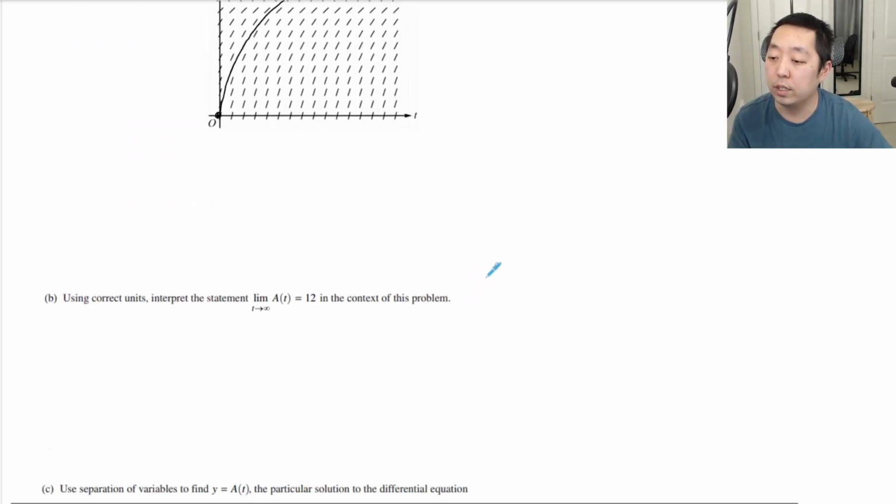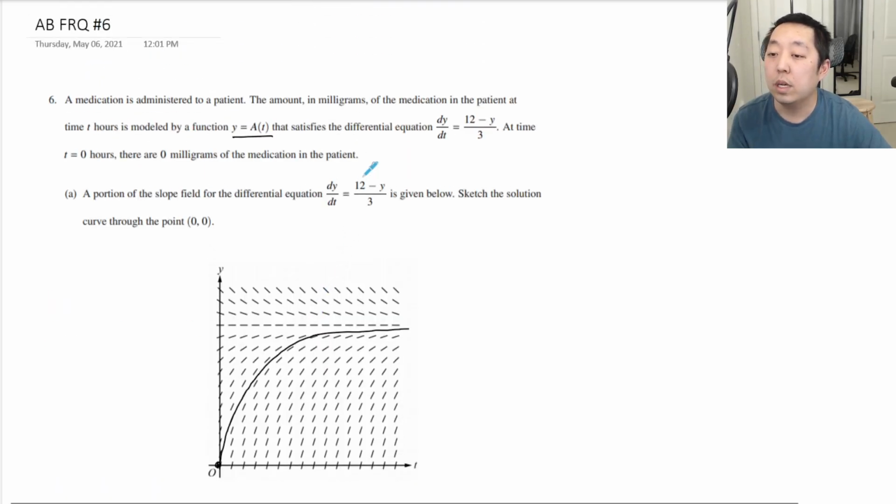Next part's easy. Give the correct units and explain the meaning in the context of the problem. That's weird, there are no milligrams. This is saying that eventually, if you wait long enough, there are 12 milligrams.